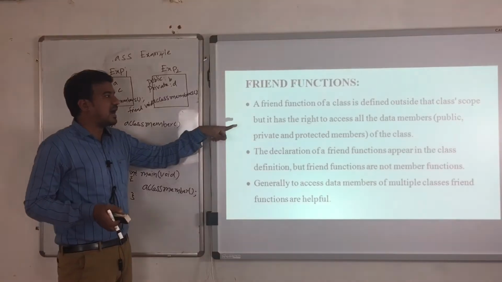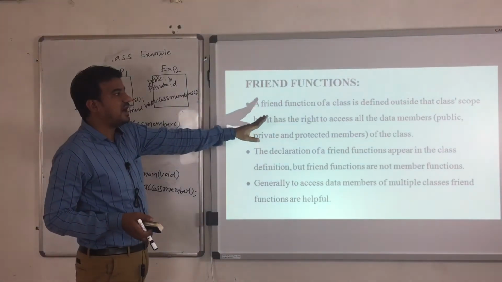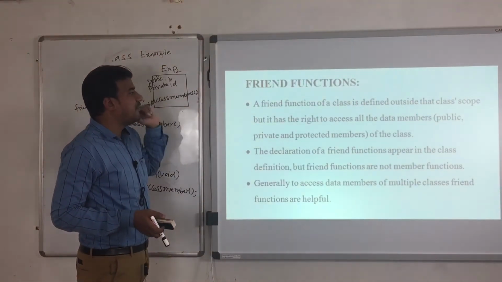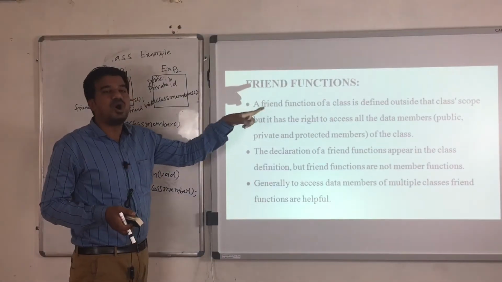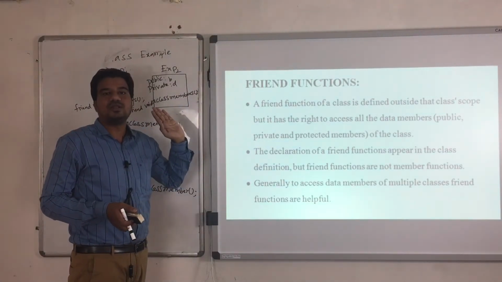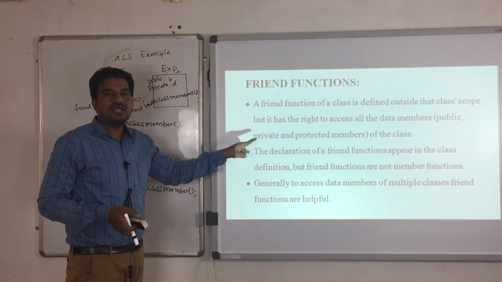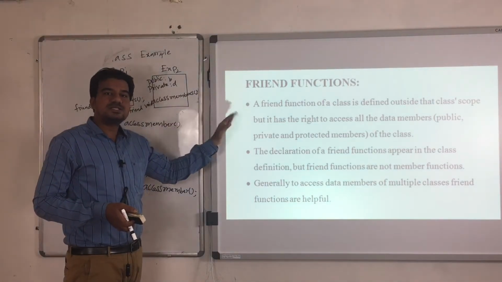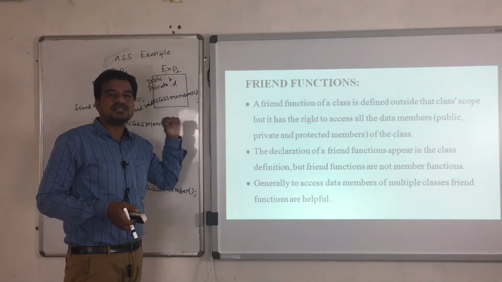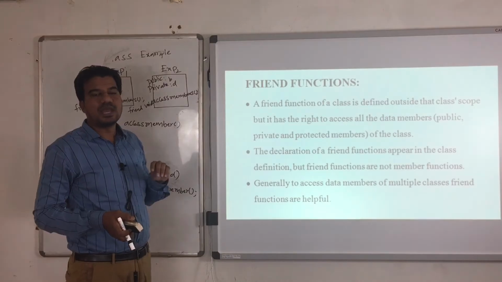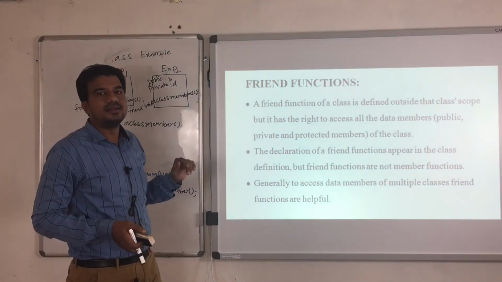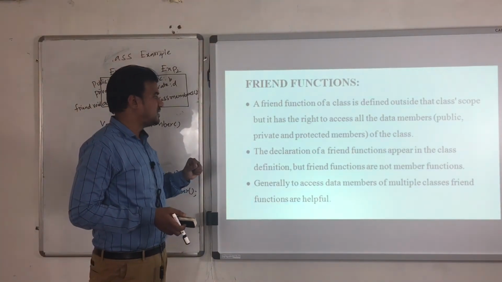As you can see over here, a friend function of a class is defined outside the class scope, but it has the right to access all data members of that particular class. When I am saying all data members, it means public, private as well as protected data members. We can access all the data members outside the class.